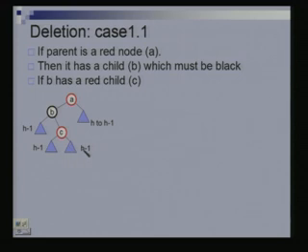I have written h minus 1. Why is it h minus 1? Earlier, this had a black height of h. What should be the black height of this? h minus 1, because there is one black node here already. Similarly, this will have a black height of h minus 1. This will have a black height of h minus 1.